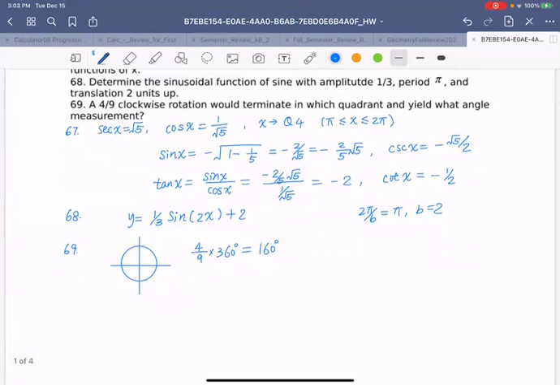This means we are going to do negative 160 degrees. So from there to there, it's negative 160 degrees. It's going to be in quadrant 3, and the angle measurement is negative 160 degrees. Does that make sense? Yeah, that makes sense. Or we can say this times 2 pi.